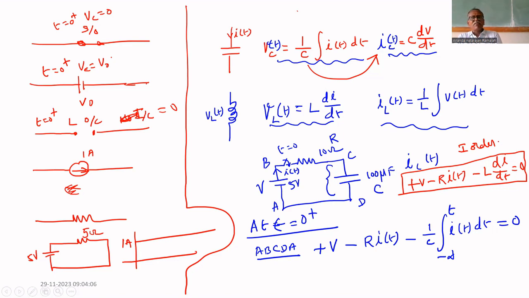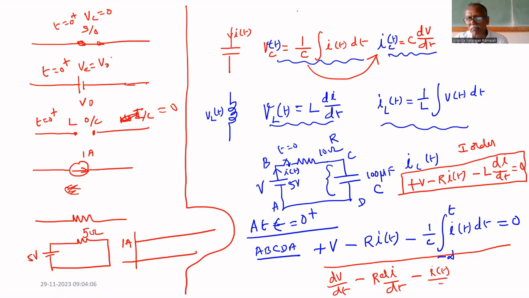If you write equation for its dynamics, it will be differential equation. This is also a differential equation of first order. Because if you differentiate one time on both sides, what you will get? dV by dt minus R di by dt minus I of t divided by C equal to 0. It is also a first order differential equation.